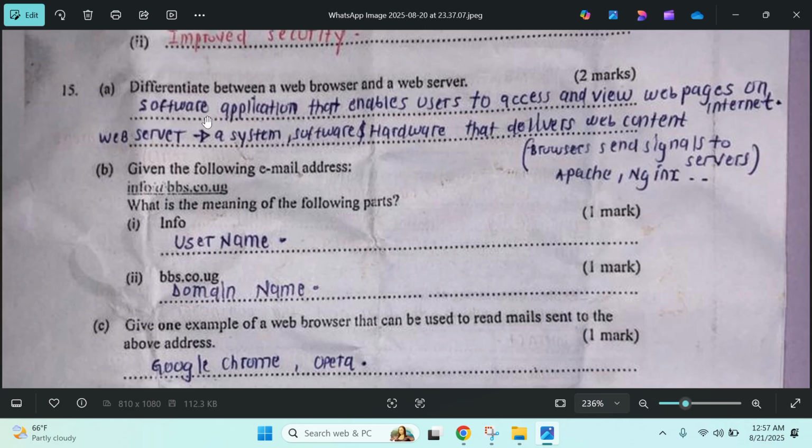You see that a browser is going to send a signal to a server. Servers include Apache, I think the most common web server, and NGINX. So a web server is a system, software, or hardware that delivers web content to the web browser.